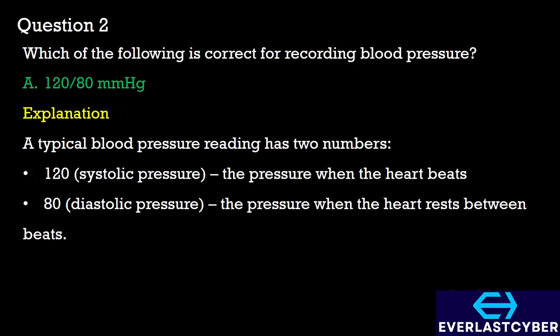Our answer is option A. 120 is the systolic pressure, that is the pressure when the heart beats, while 80 is the diastolic pressure, that is the pressure when the heart rests between beats. So the blood pressure is recorded using the millimeters of mercury. A typical blood pressure reading has the two numbers, which is the 120/80.